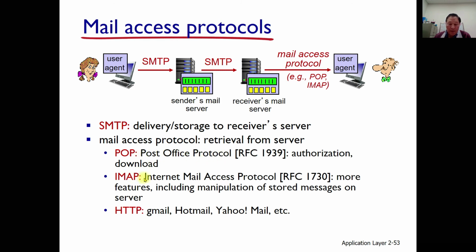Compared to this, IMAP, the Internet Mail Access Protocol, is a little bit more complex and more convenient because it provides more features, including manipulation of stored messages on the server. And the HTTP protocol can be used. For example, Gmail, Hotmail, and other mail programs use HTTP webmail service. We are using this one.